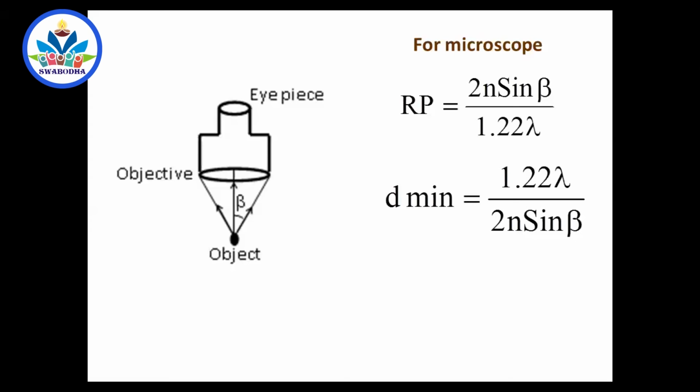Why? Because during welding, ultraviolet light is produced, and if they don't use anything in front of their eyes, all the ultraviolet will enter the eyes and create pain. So they use a glass. Simple glass is enough. Glass absorbs ultraviolet. So how to avoid this, sir? If you use ultraviolet, the wavelength of ultraviolet is lesser than visible light, so resolving power increases. But glass absorbs ultraviolet. What will we do?